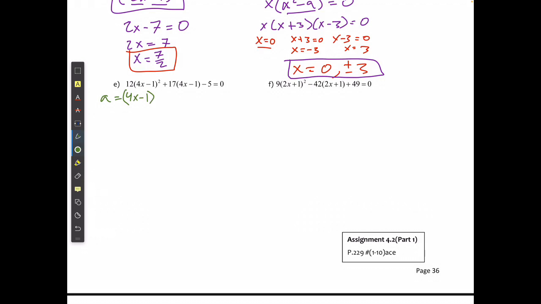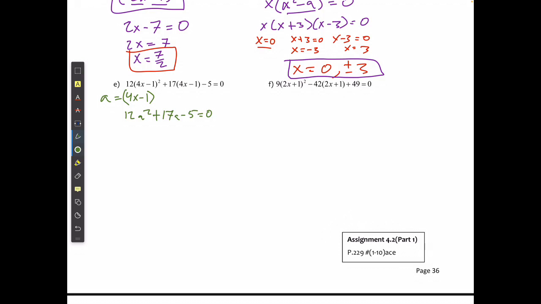Because then I can rewrite this equation as 12a squared plus 17a minus 5 is equal to 0. This is much easier to factor.